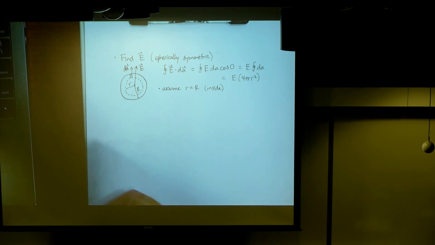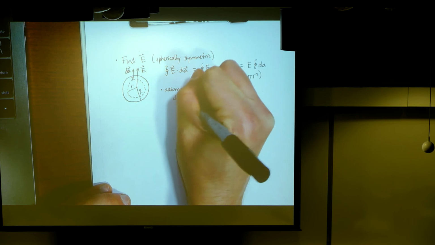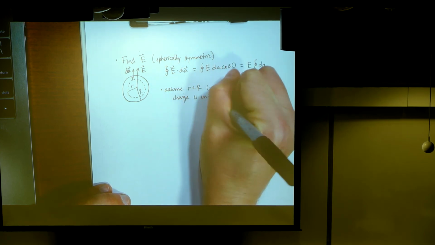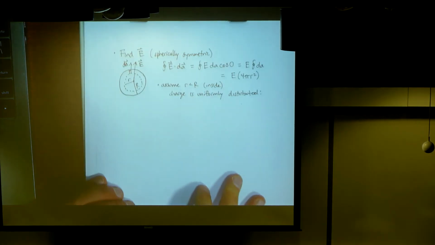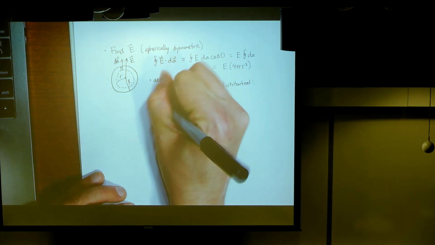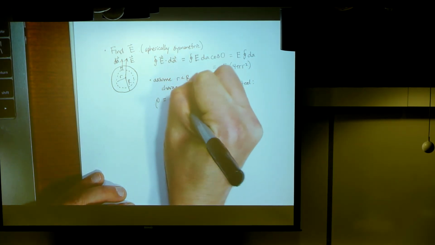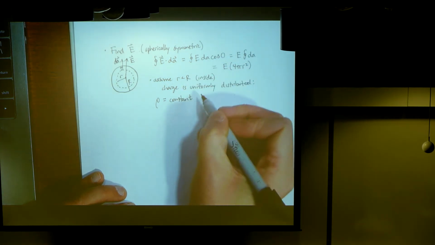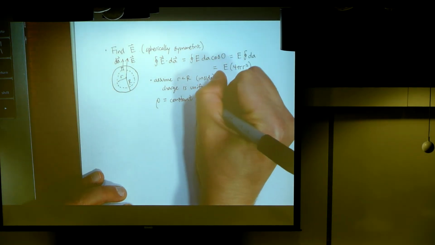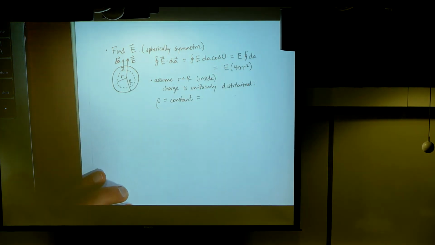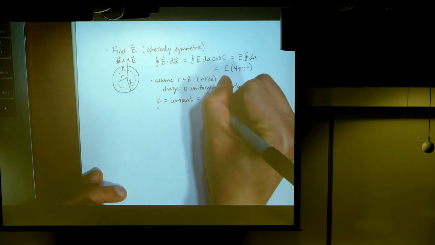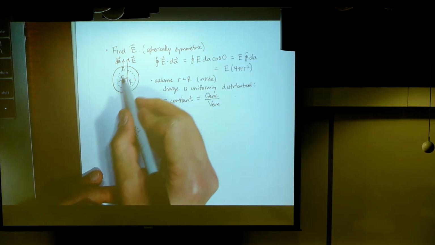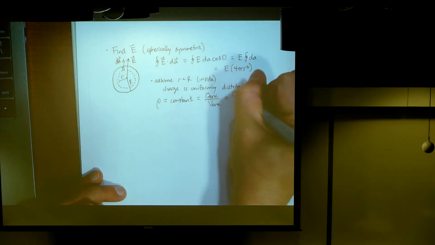So that means, because the charge is uniformly distributed, that the charge density rho is just a constant. The charge per unit volume is the same everywhere. So Q over V is the same everywhere, is another way of saying that. So I could take the charge I'm enclosing, Q enclosed, divided by the volume I'm enclosing. And that should be the same as if I took the total charge and divided by the total volume.